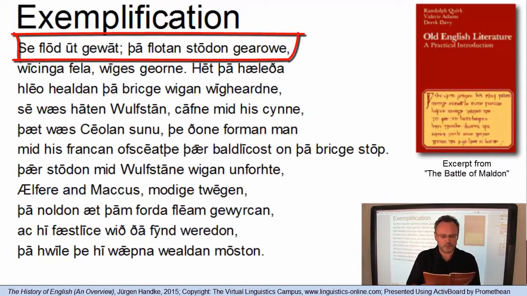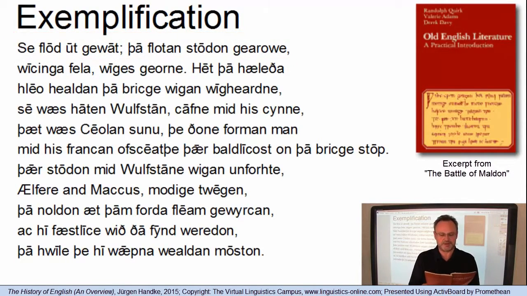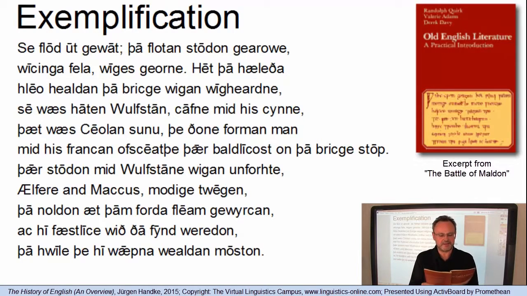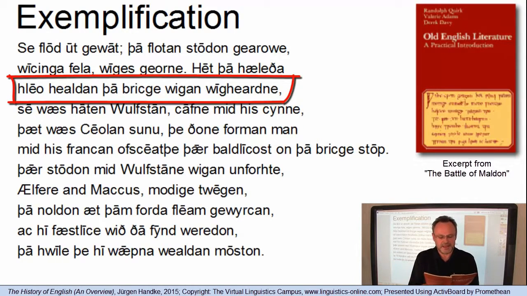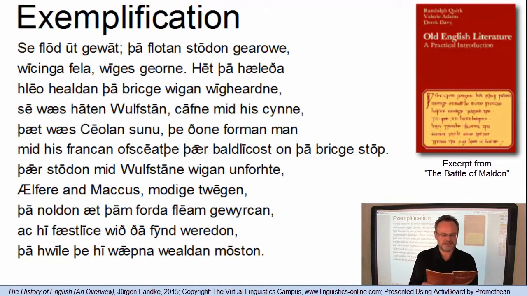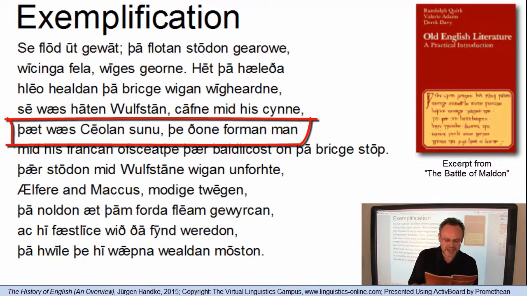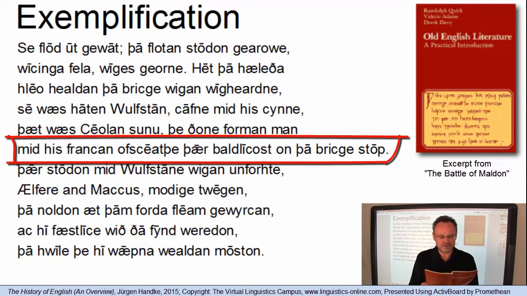Se vloed uitgewaad, tha flottan stoden jerwe, vikinga fella, vies jerne, heet tha helada, glea, heldan tha britje, wien wie herne. Se was haten wolfstaan, kavne mit his kunne. Dat was kerlan sunu, the thone forman man, mit his franken offschert.